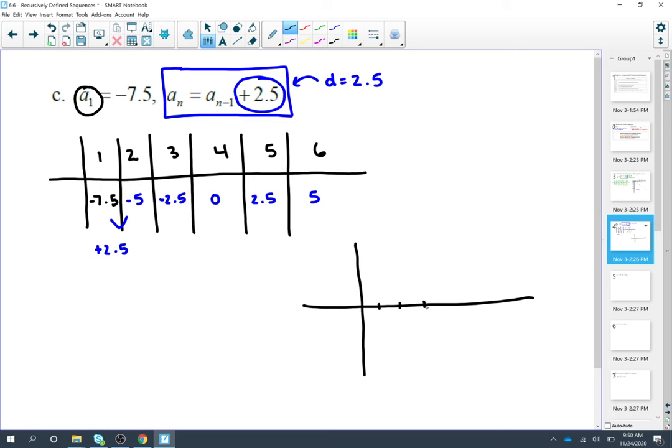1, 2, 3, 4, 5, 6. And then I'm going to go, let's see, 5. 1, 2, 3, 4, 5. And negative 8.